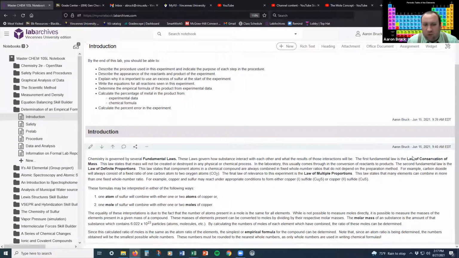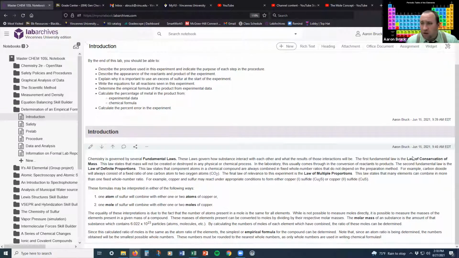And the law of definite proportions, the one that says that when chemicals are brought into combination with each other, the compounds that they make are always going to be fixed whole number ratios of one element to the other, and that those fixed whole number ratios are going to be consistent.